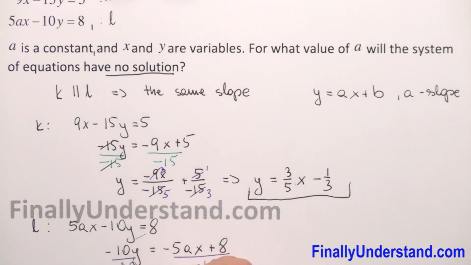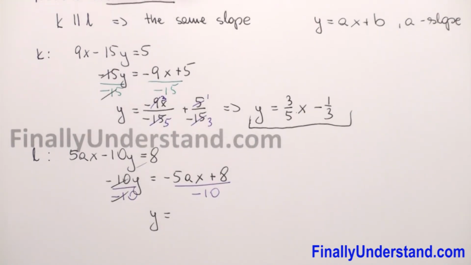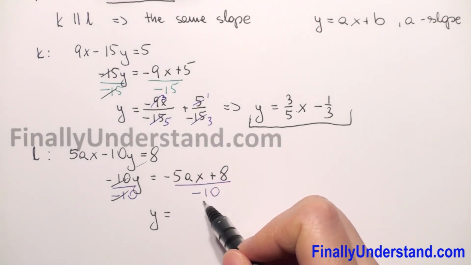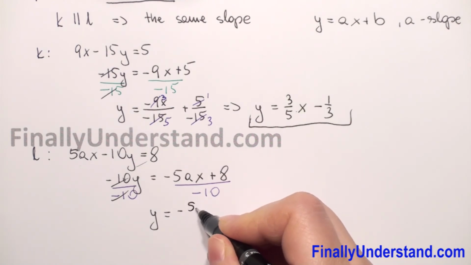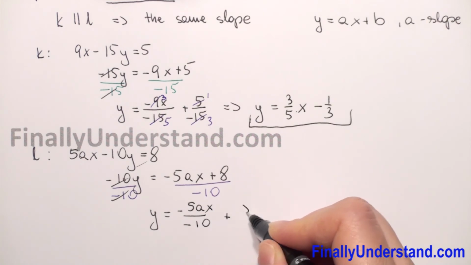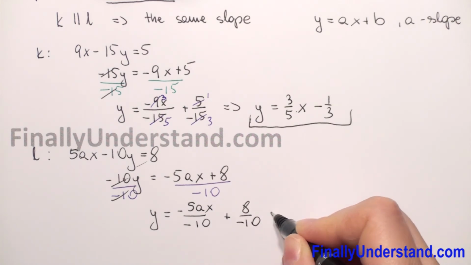So negative 10 we can reduce, and we have that y is equal to, and now we have to divide every expression on the right side by negative 10. So we have negative 5ax over negative 10 plus 8 over negative 10.